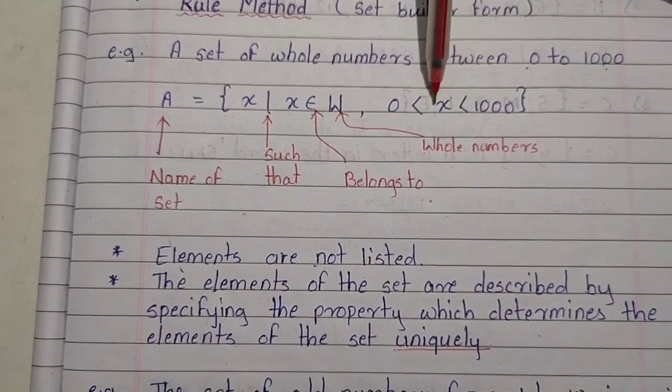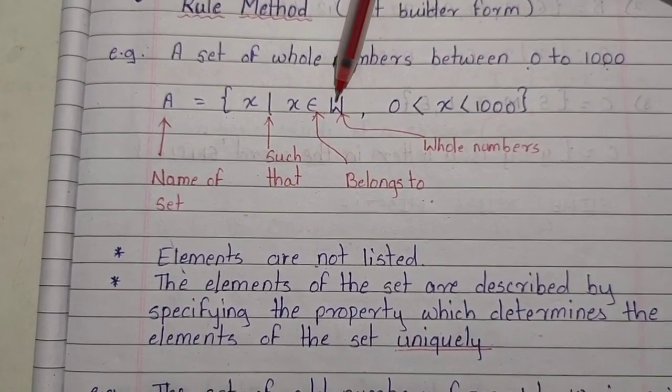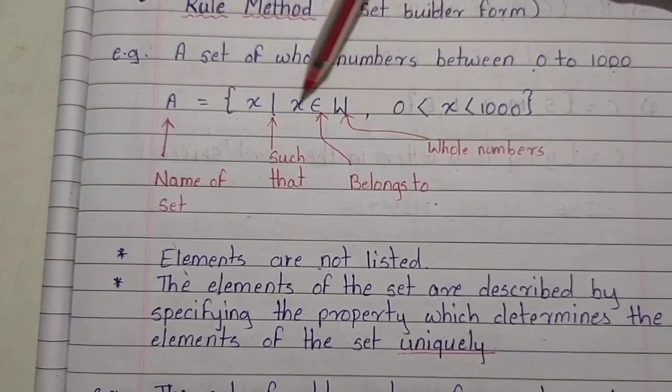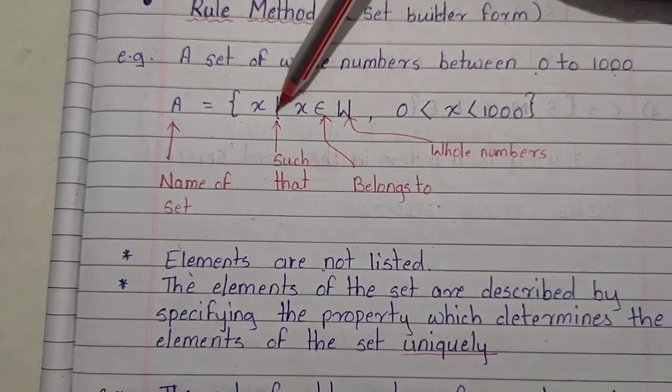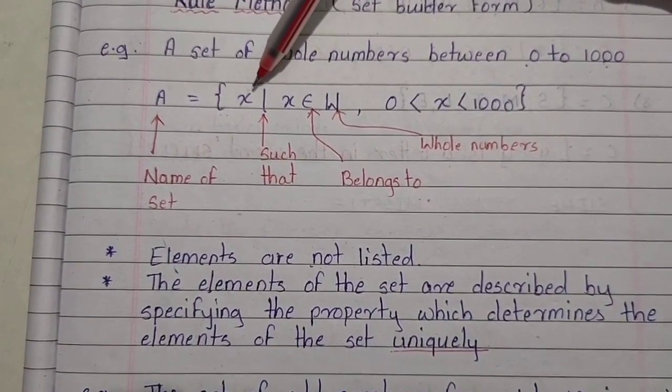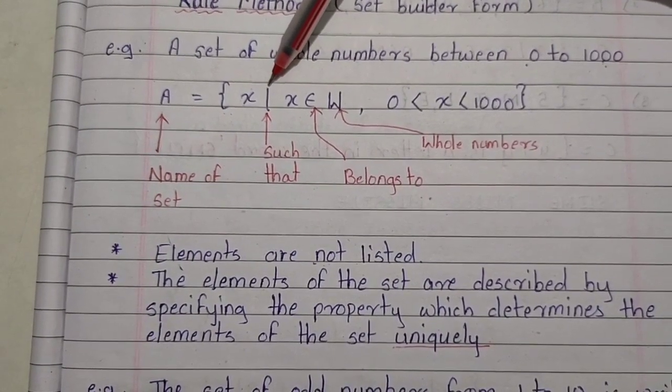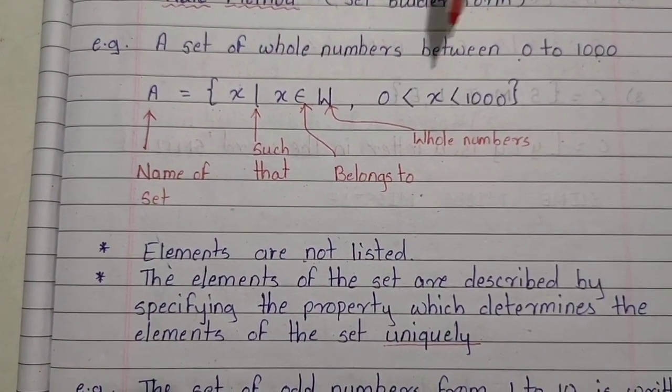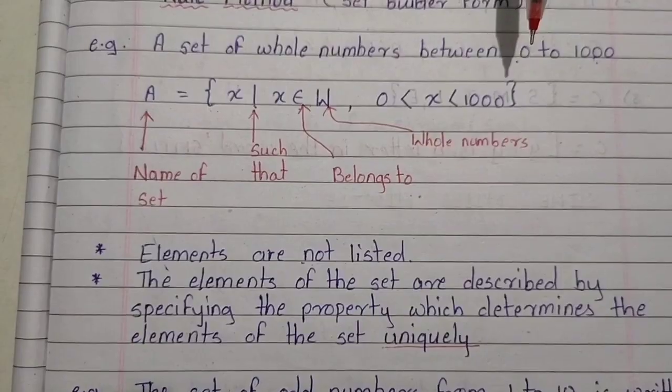This is the property which makes x unique. So the elements of the set are described by specifying the property which determines the elements of the set uniquely.